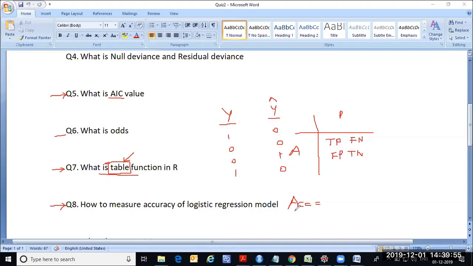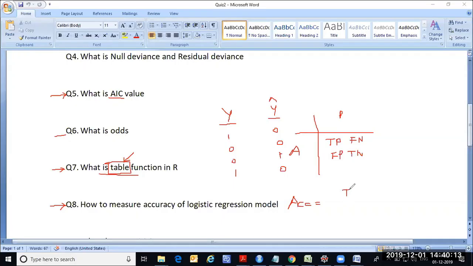So what is the formula for calculating the accuracy? True positive plus true negative, sum of correct decisions divided by total number of decisions. Right?